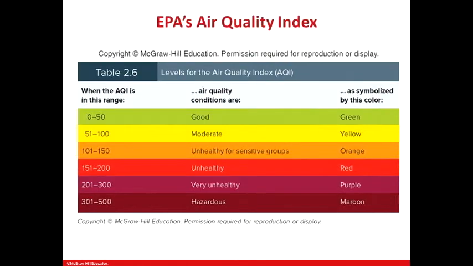And then this slide shows the EPA air quality index. There are color codes to warn people about how the air quality is doing, and depending on where you are, in some cities these are posted, and you'll see them on your news apps on your phone or on the television.